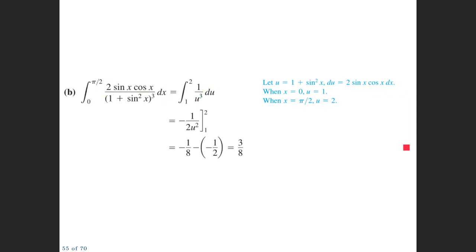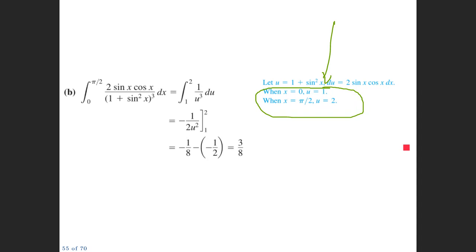And then one more thing we need to do, we need to change the limits of integration. For the lower limit, x equal to 0 becomes u equal to 1. Why? Well, if we put 0 in here, 1 plus sine squared 0, sine of 0 is 0, so it's just 1 plus 0, 1.